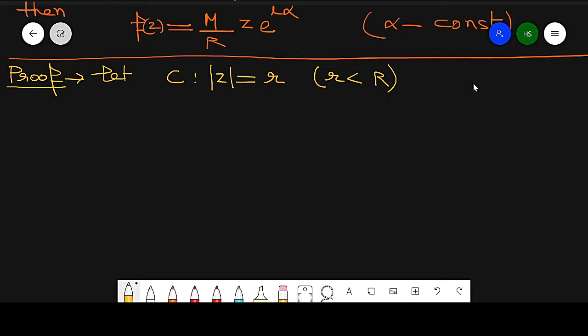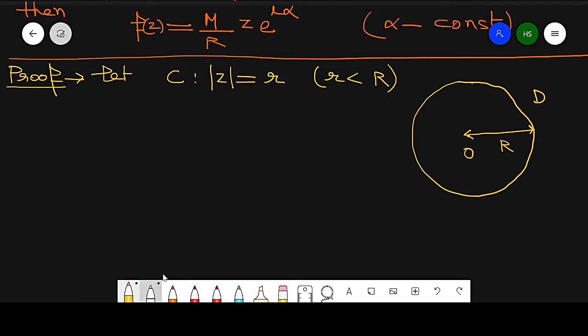So what is the given domain D? So this is a point origin O, and this is capital R. So this is the given domain, and what we take C. So C is some circle inside this. So this is C, and this radius is small r.